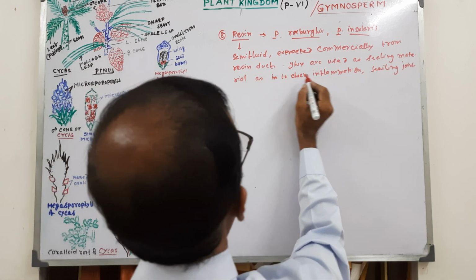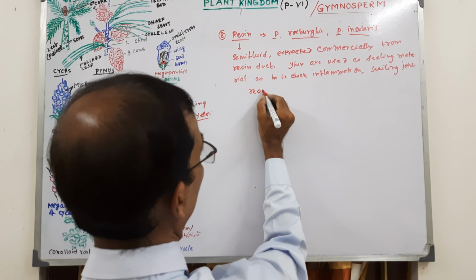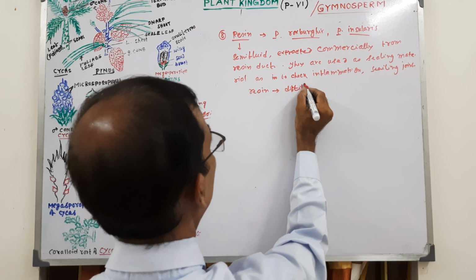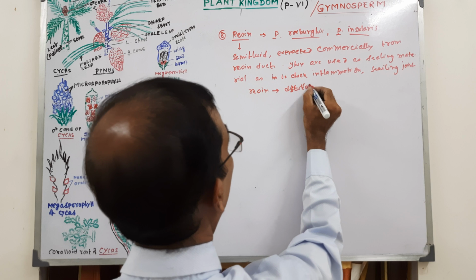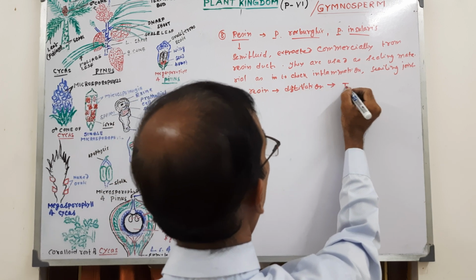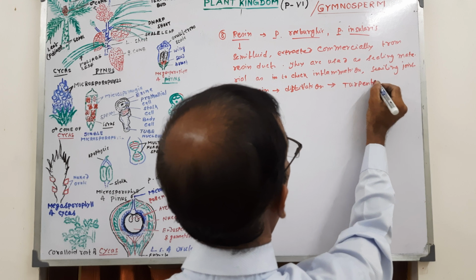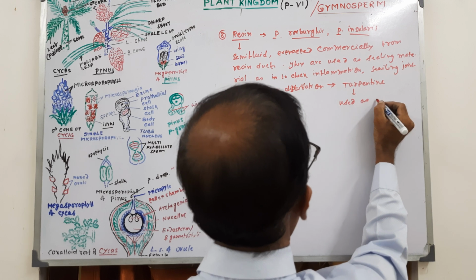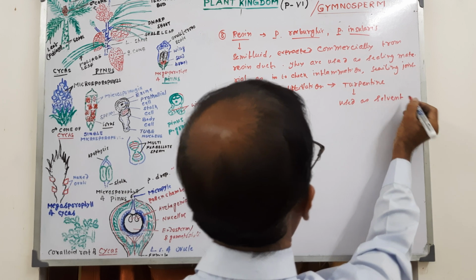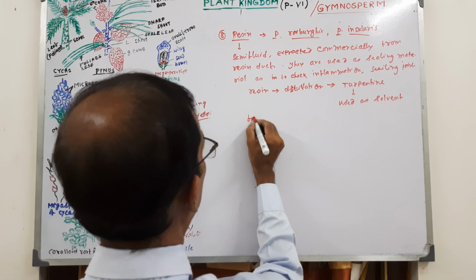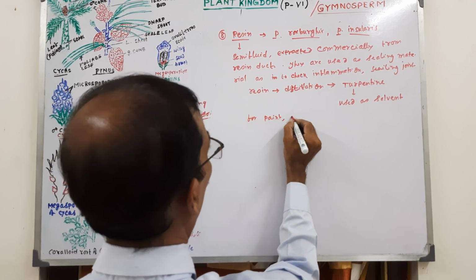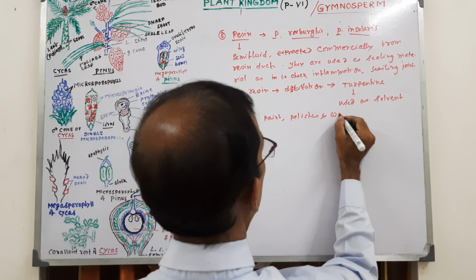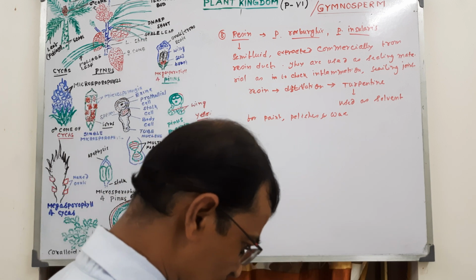Some resins, after distillation, convert into turpentine, which is used as the base of solvent, used as solvent for paint, polishes and wax. Okay, next about amber.